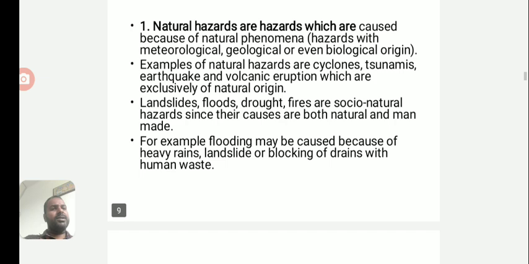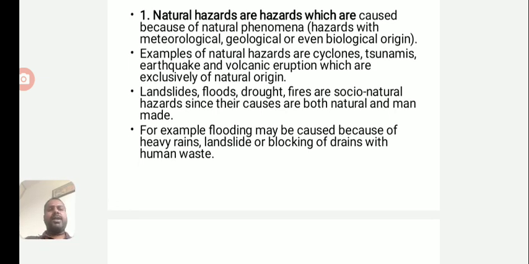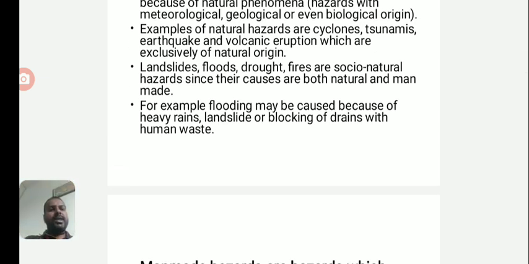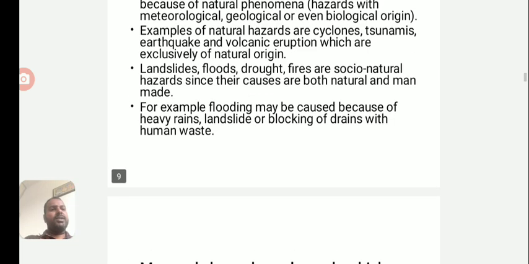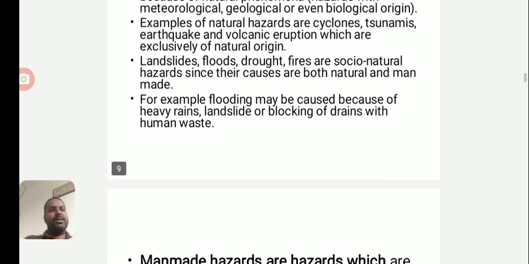Examples are cyclones, tsunamis, earthquakes and volcanic eruptions, which are exclusively of natural origin. Also landslides, floods, drought, fires and socio-natural hazards, since the causes are both natural and man-made.